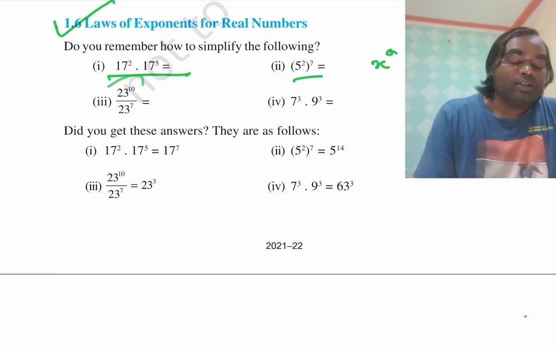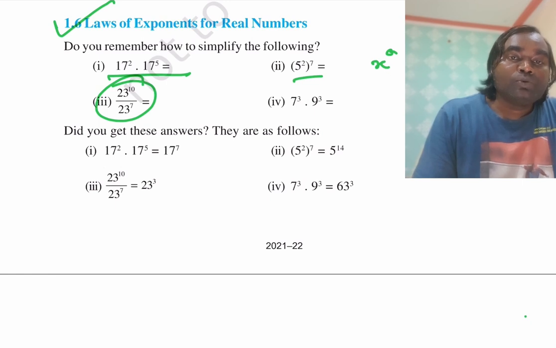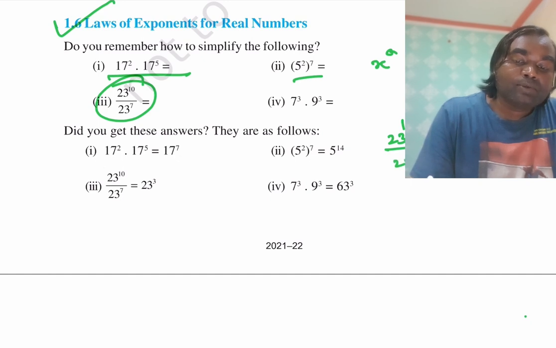So you can solve it. This is very simple. And here if you are given numerator by denominator, then what you have to do is bring the denominator into the numerator. How? 23 to the power 10 by 23 to the power 7.